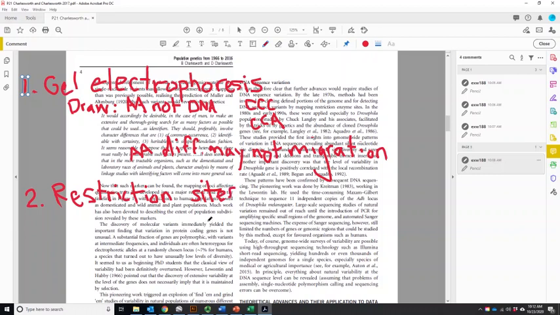So what we could do is we could take two DNA sequences. I'll draw lines here to represent the DNA sequences. And if there were mutations in there, even though at this point we couldn't sequence the DNA, right?